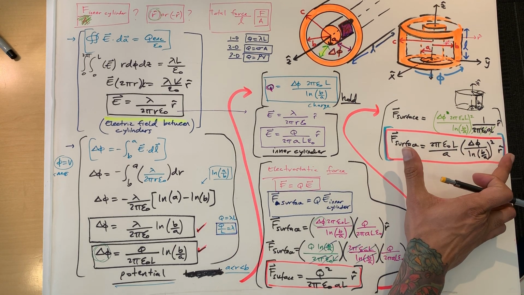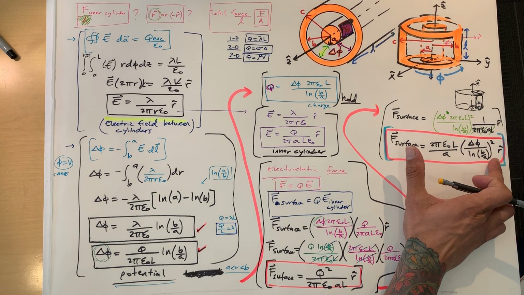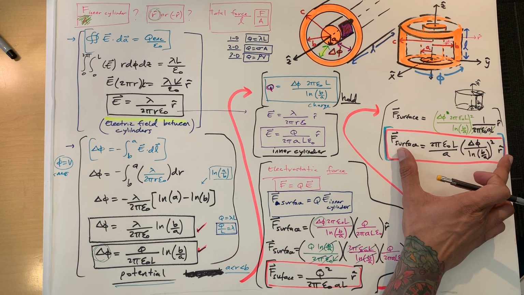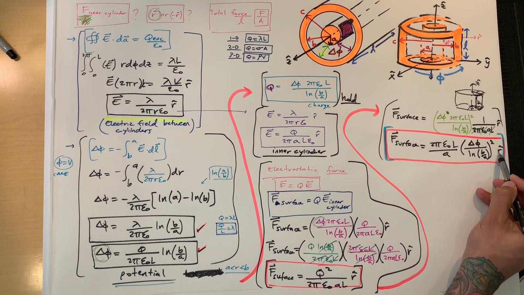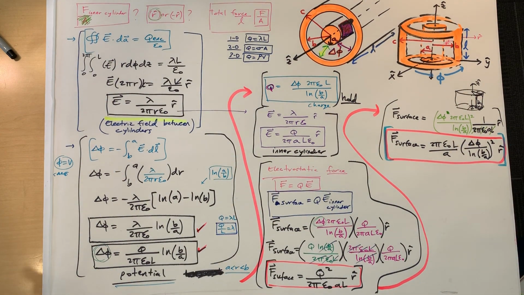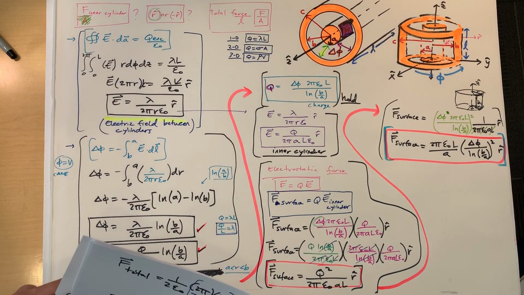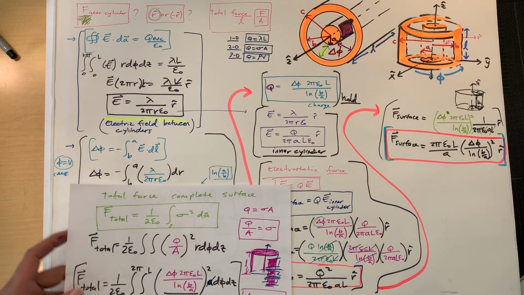Okay, so this is the force on the inner cylinder, on the surface. The positive or negative on the radial vector will tell us in what direction it's going. Since it's positive, we know where it's going.